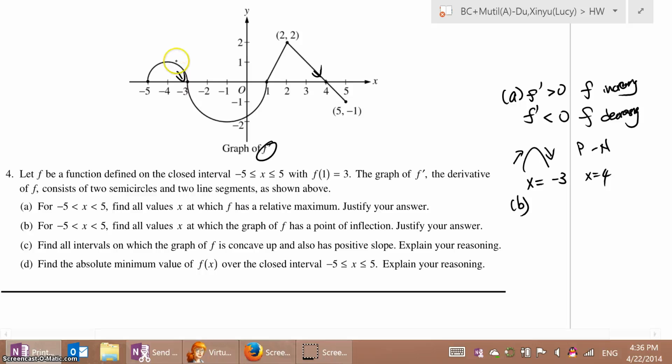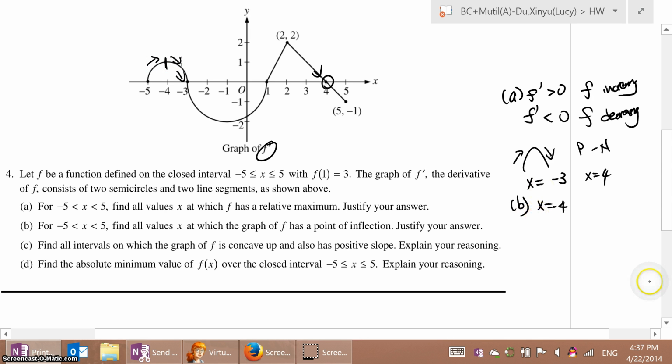For example, at x equals -4, the graph of f prime changes from increasing to decreasing, and that's a point of inflection.